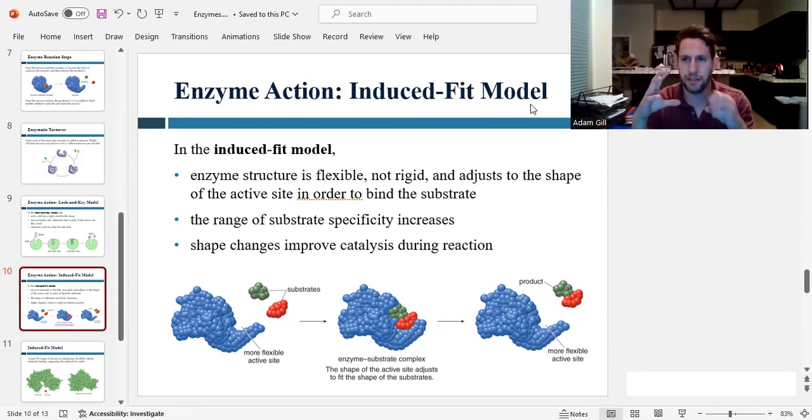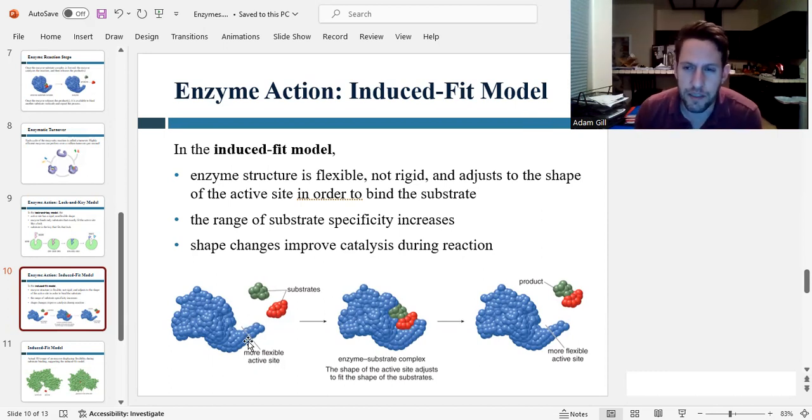The catcher's mitt is not the exact shape of the baseball, but if it catches a baseball, it folds around it as you're catching it, and it induces a better fit. Enzymes actually work kind of like that. So when the substrate comes in and binds, the enzyme actually will grab on tighter and have a conformational change and induce a fit. So it's the induced fit model.